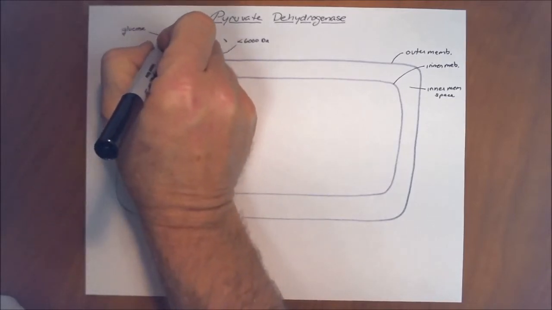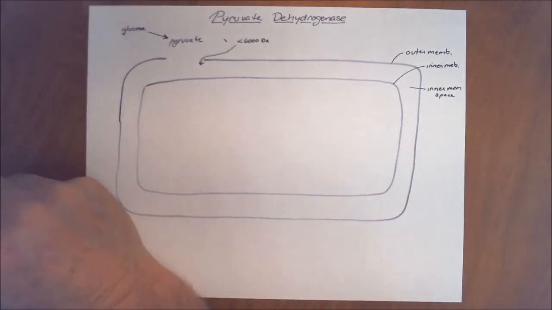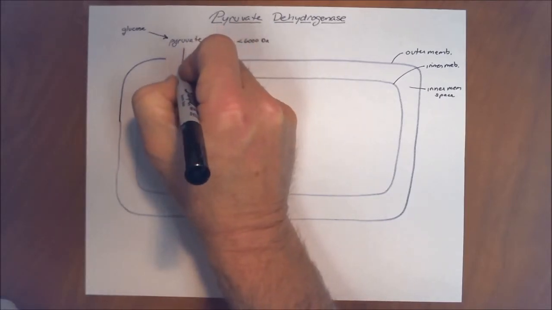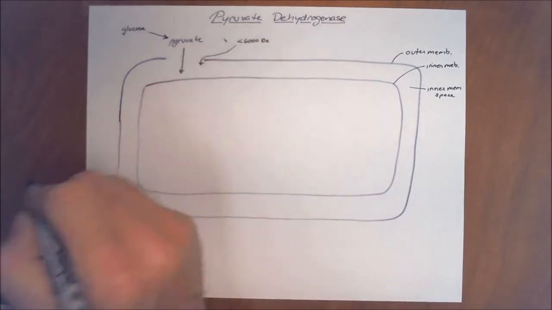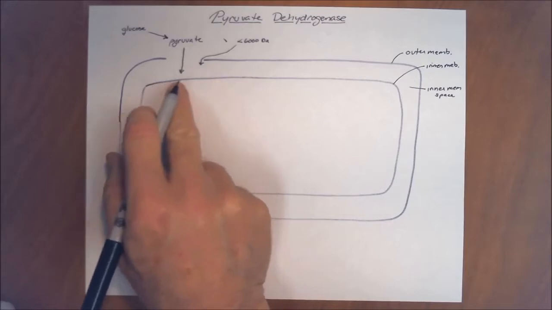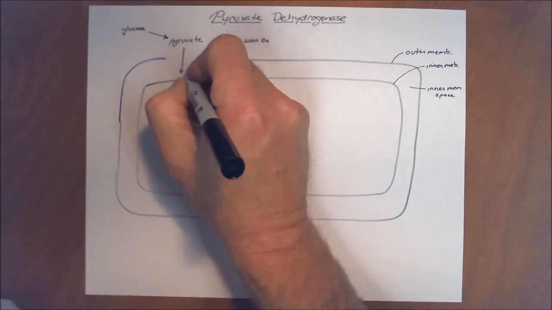So as we saw in our previous video, glucose is oxidized down to pyruvate in the glycolytic pathway. So now pyruvate can pass through freely the outer mitochondrial membrane by diffusion, but once it reaches the inner membrane space, there has to be regulated transport.